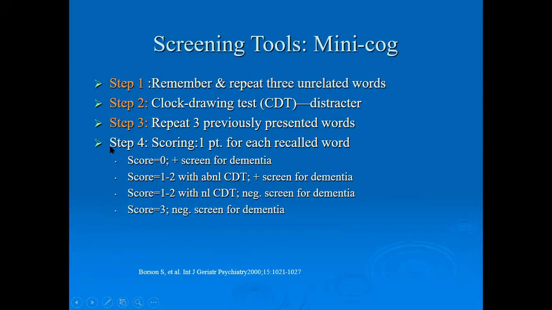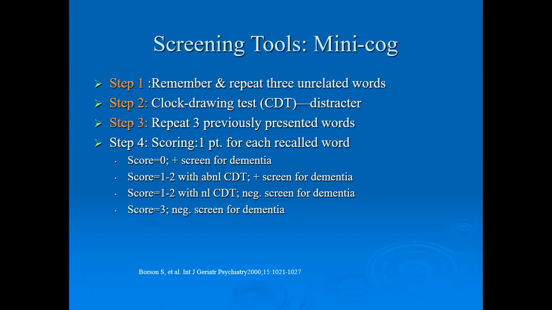This is for cognitive function. Step 1, you ask the patient to remember 3 unrelated words, maybe pen, fan, light, or any 3 words. Step 2, you ask the patient to draw a clock.